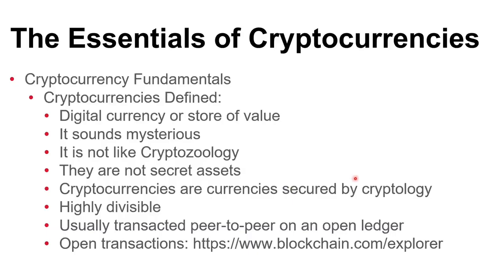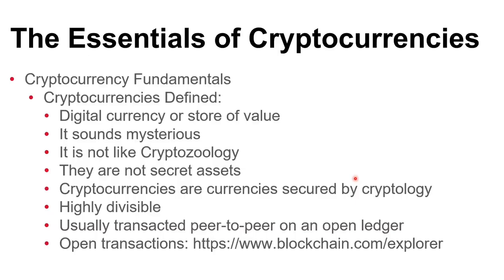So how are cryptocurrencies defined? Let's think about it for a second. A Bitcoin, Ether, EOS, what is that? Well, digital currency is some kind of a store of value. There are also digital dollars. It may sound mysterious, may sound shady. It's not like cryptozoology.